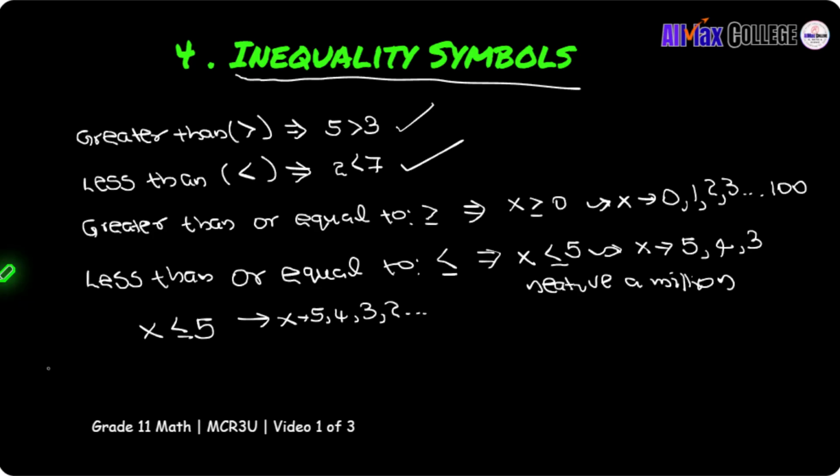And finally, not equal to. This symbol is an equal sign with a slash through it. x not equal to 3 means x can be any number except 3.